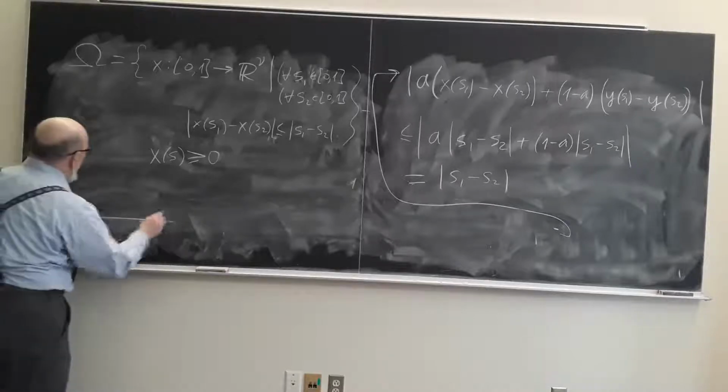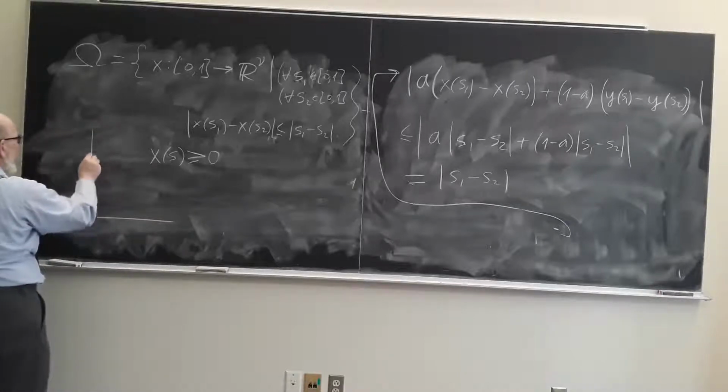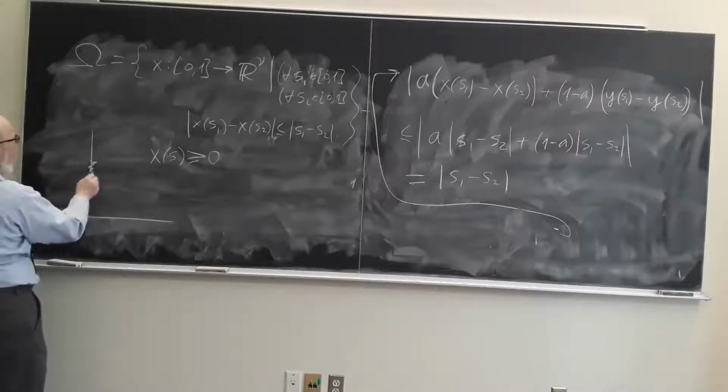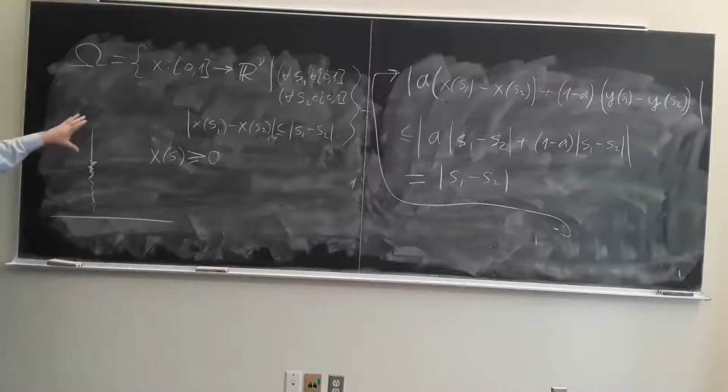So it looks like this. We have a motion of a thread. The thread can have pieces like this. It is moving along the vertical line in the upper semi-space.